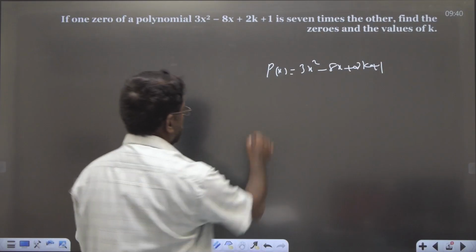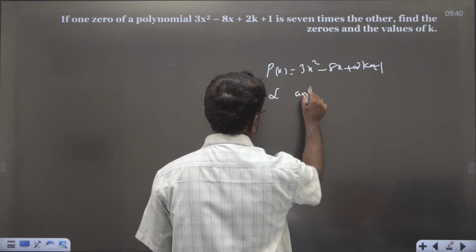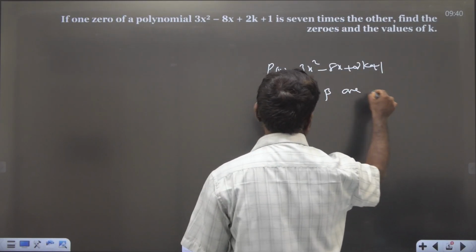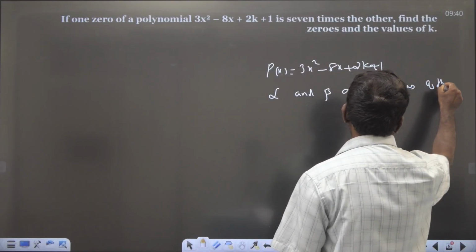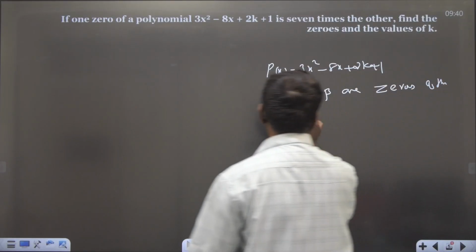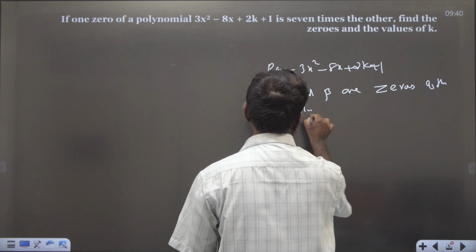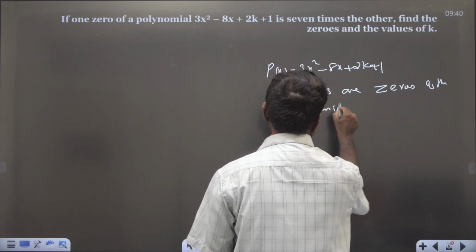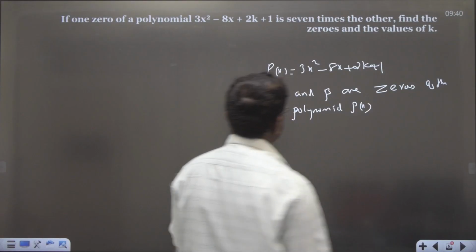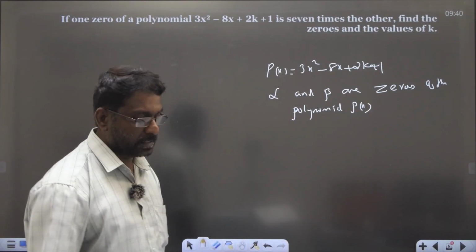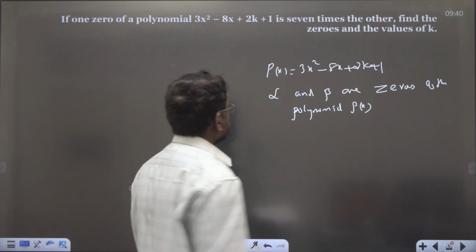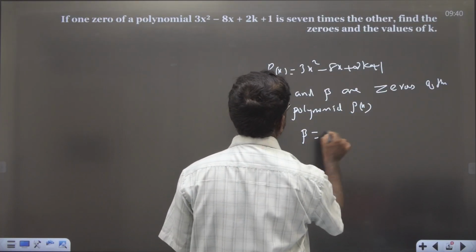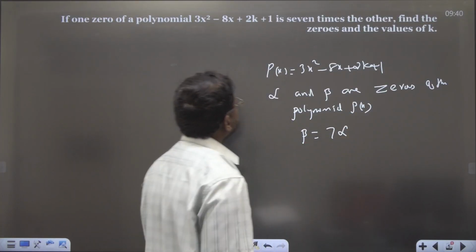Suppose alpha and beta are zeros of the polynomial p of x. And one more condition is given: beta is 7 times alpha.